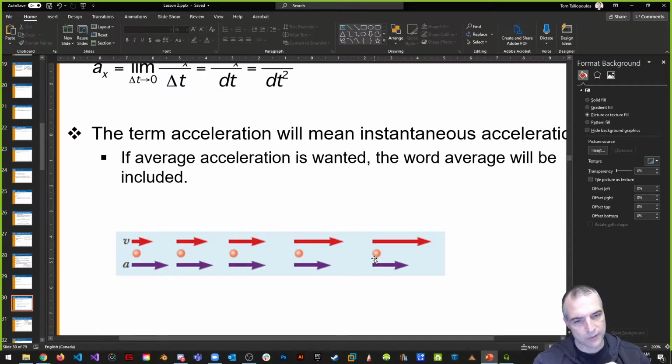But the problem with rocket science is when we want to figure out the fuel required, well, guess what? We're going to have a lighter and lighter mass, which we're going to be talking about soon over the next couple weeks, which means the amount of propellant that's required is going to change as the mass decreases over time. This is a difficult calculation.